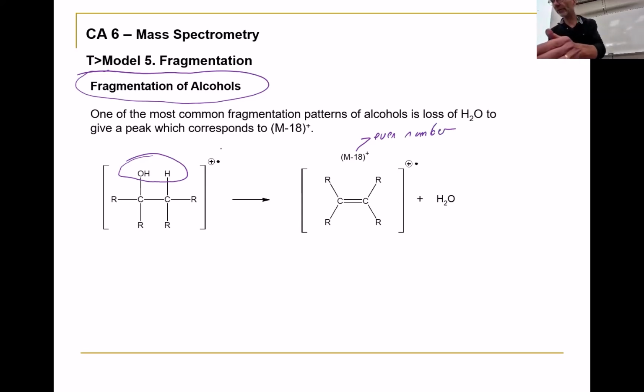And we went from a radical cation to a radical cation. When you see this, it's kind of a telltale sign that likely it had an alcohol functional group. So keep that in mind. We'll work with this a little bit, if not today, next class.